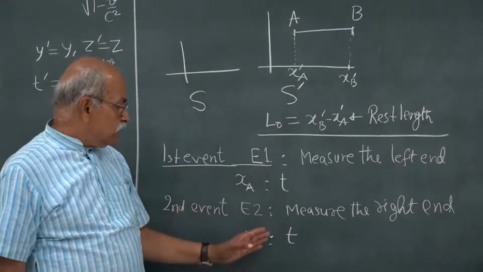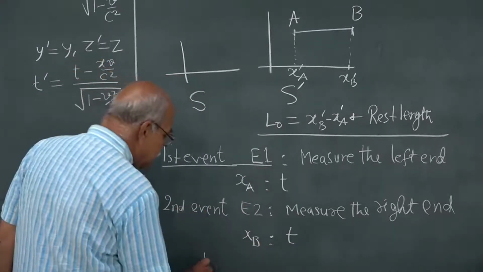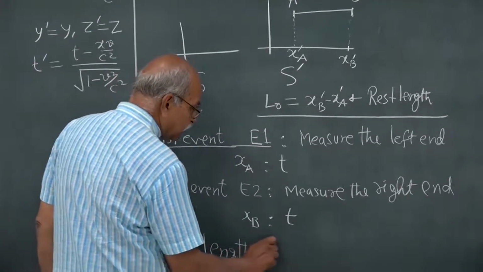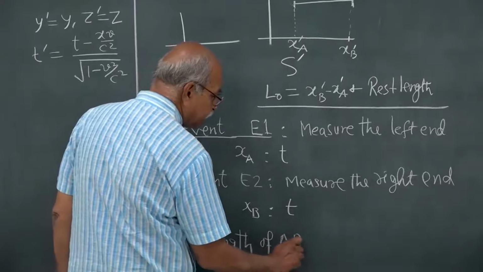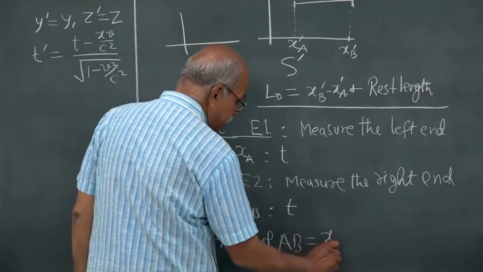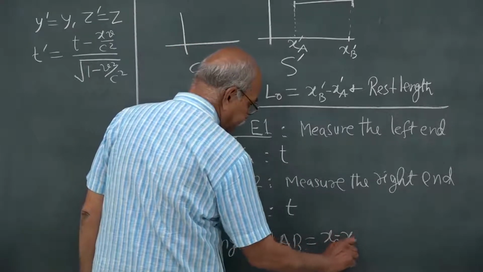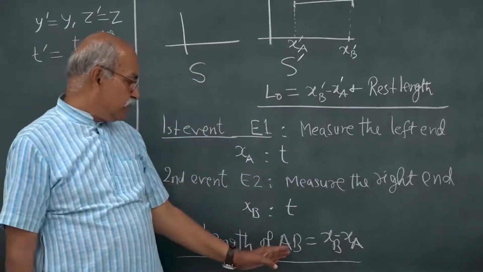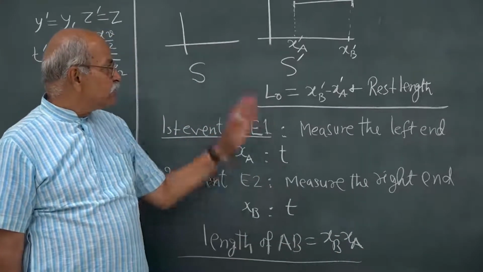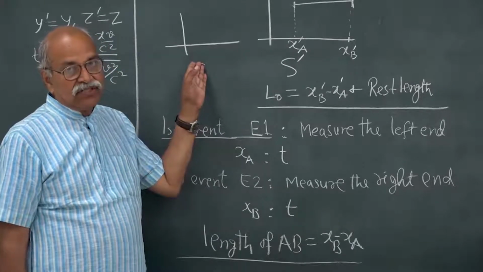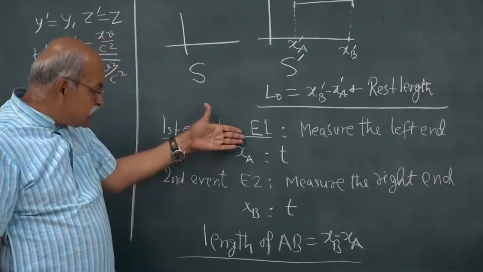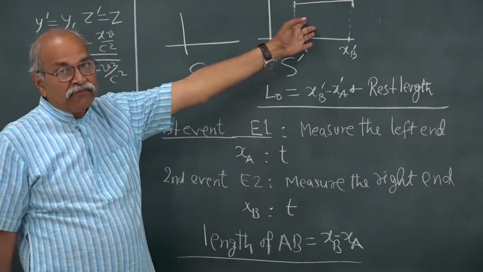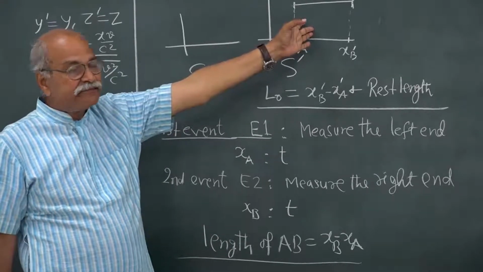So, these are the measurements, and therefore, the length of AB will be x B minus x A. This is the length of AB as seen from the frame S. Now, these two events E1 and E2 we will transform to S prime using Lorentz transformation.